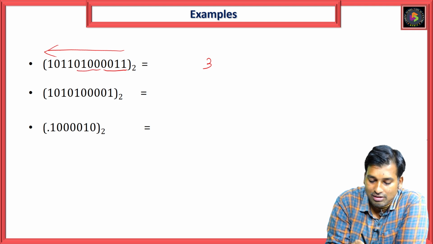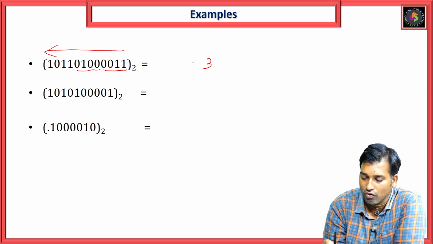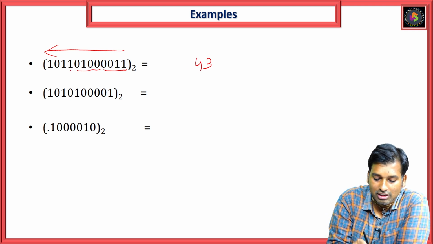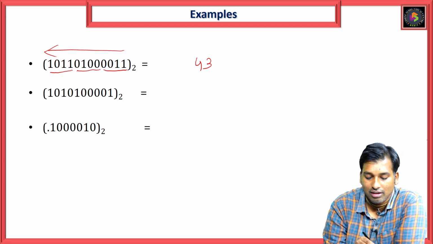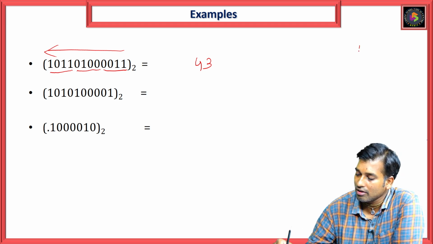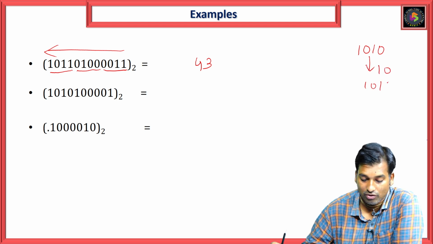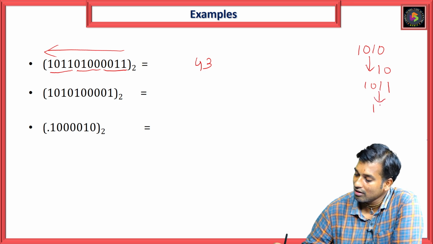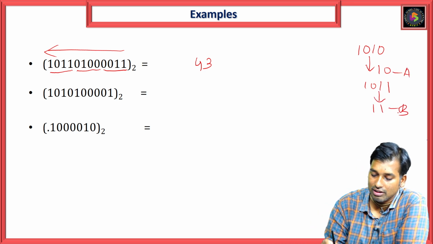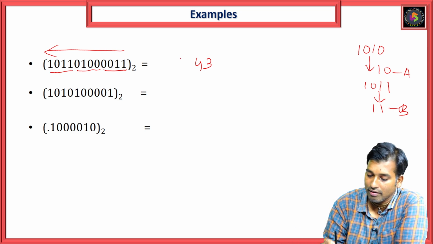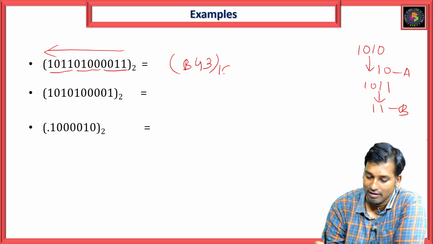The next 4 bits is nothing but 4. The next 4 bits is 1011. Sorry, 1010 is 10, 1011 is 11. This is A, this is B. So therefore 1011 is B, base 16.